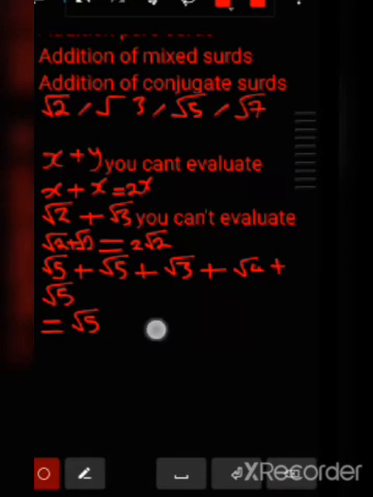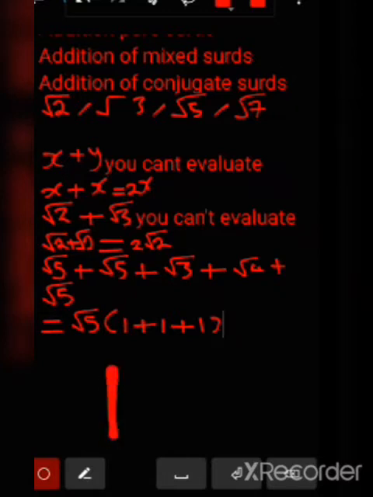Then if I factorize this, I'll remain with 1 plus 1 plus 1, because I've got 3 root 5s. So as you can see, there are 3 root 5s. So I've just factorized the radical which is common there.